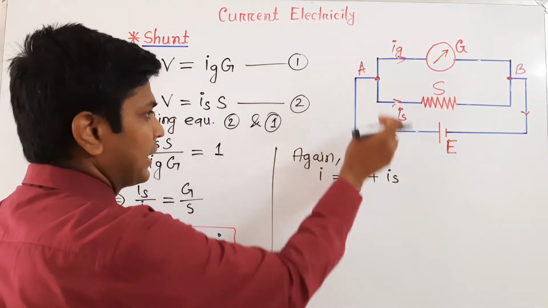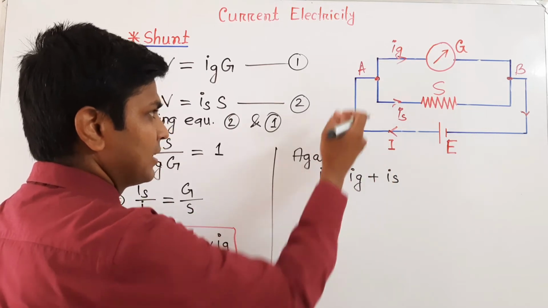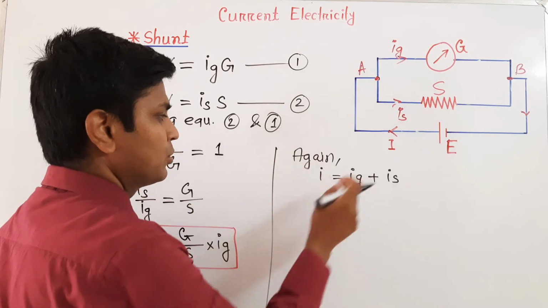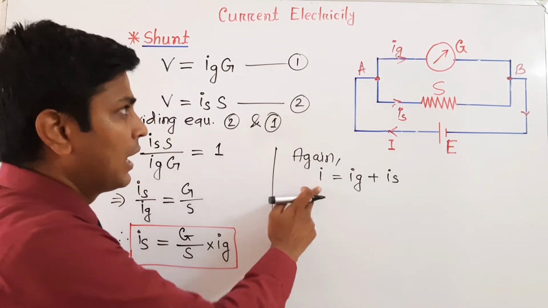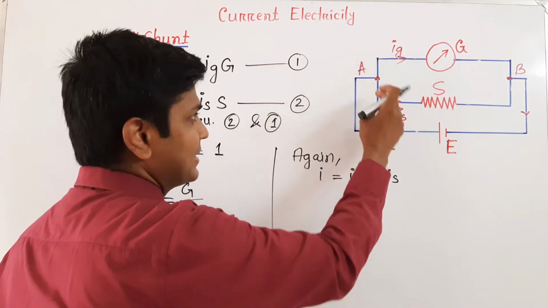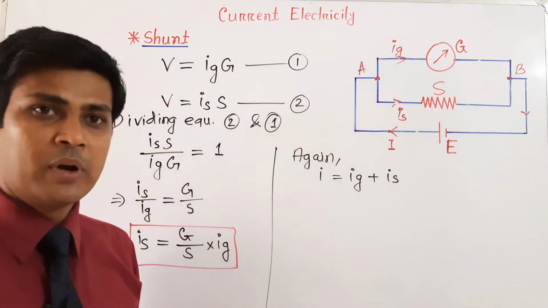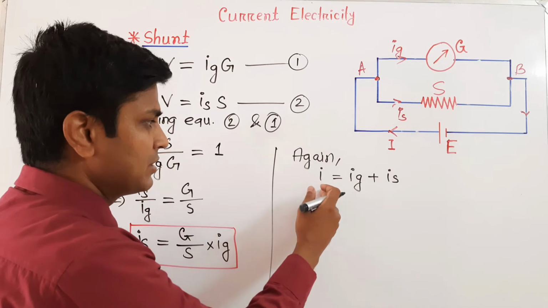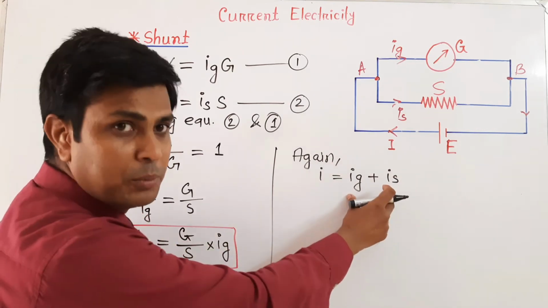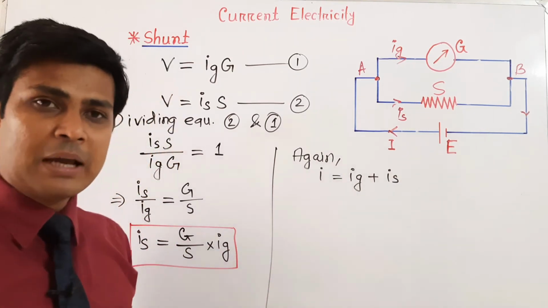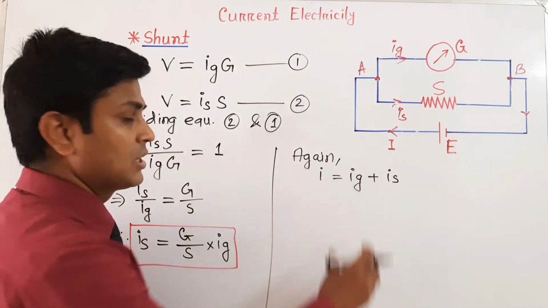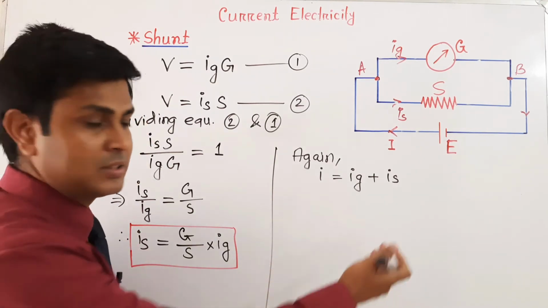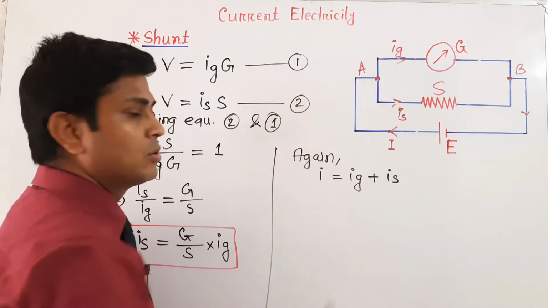At point A, this current comes inside, that means this current moves towards point A, so I will be positive, and Ig and Is, these two currents, move away from this junction point, so they will be negative. If we change their position from left to right, they will be plus. So we can apply this formula according to Kirchhoff's law, and we can also apply the normal formula, which is that the main current will be equal to the sum of the branch currents.